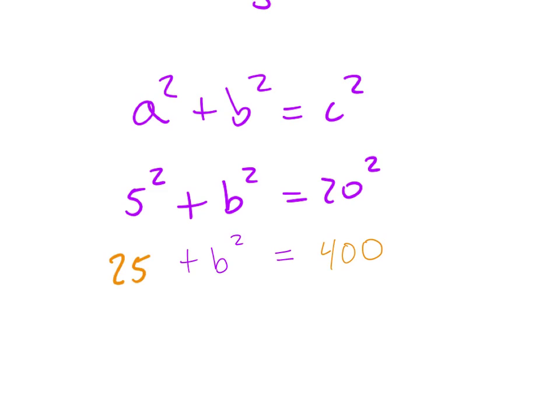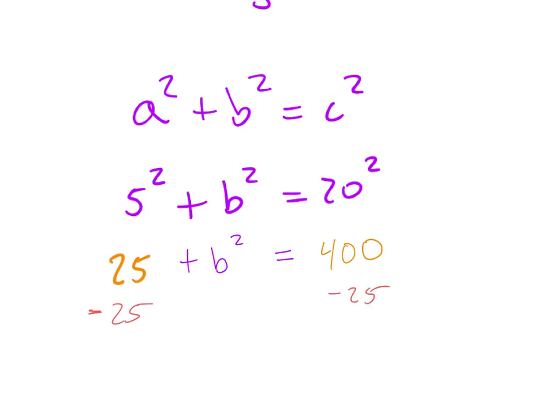All right. So now, Owen, we want to get b squared all by itself. Can I get rid of that 25? How do I get rid of a positive 25? I subtract it, right? If you have 25 and you want to get rid of it, you subtract it. And because it's algebra, whatever we do to one side, we have to do the same on the other.